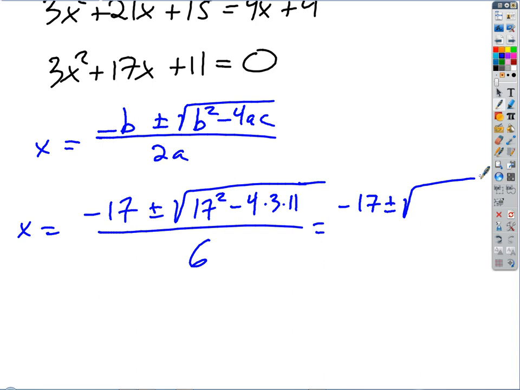So 289 minus 132 is 157. Is that right? The square root of 157? You better check me. I don't know if I did that right. 157. Okay.